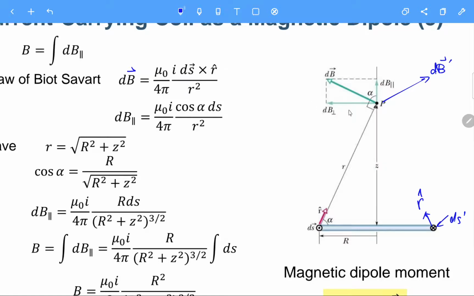So dB perpendicular will be cancelled, and dB parallel will be added together, will be superimposed. So finally, we only consider the dB parallel rather than the dB perpendicular, as B perpendicular cancels.